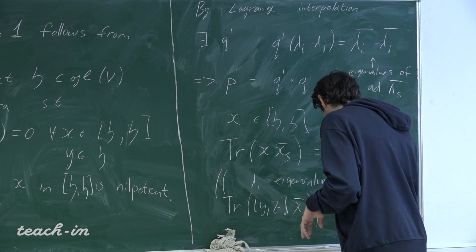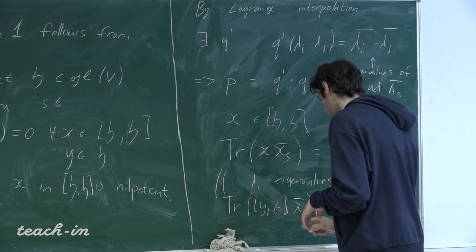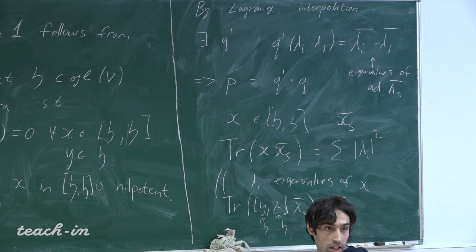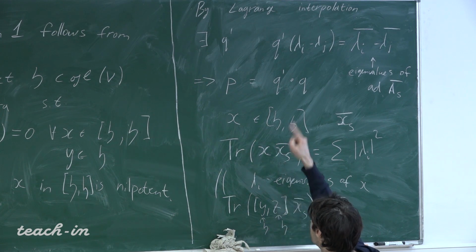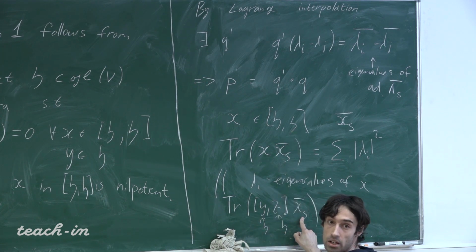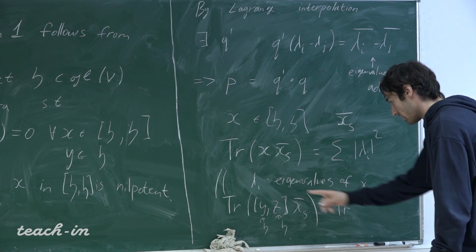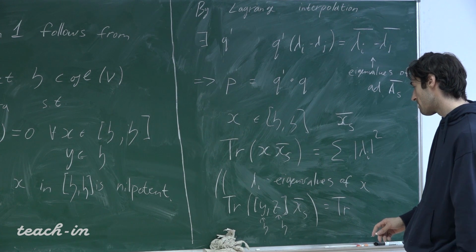So this is trace, but these two guys, they live in H. Not in the whole GLV, but in H. This is some element in GLV. Now I'm using invariance.